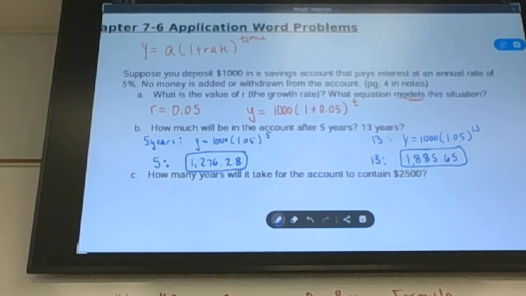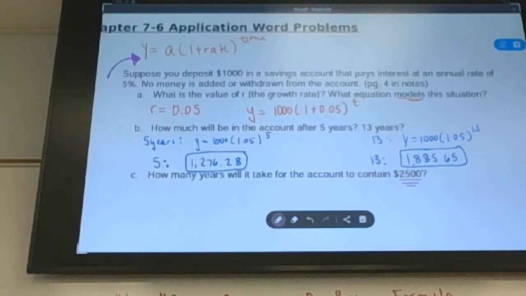So we've already covered that. That should feel familiar. But this next one we have not done yet, really. How many years will it take for the account to earn $2,500? So maybe you want to label this Y here.